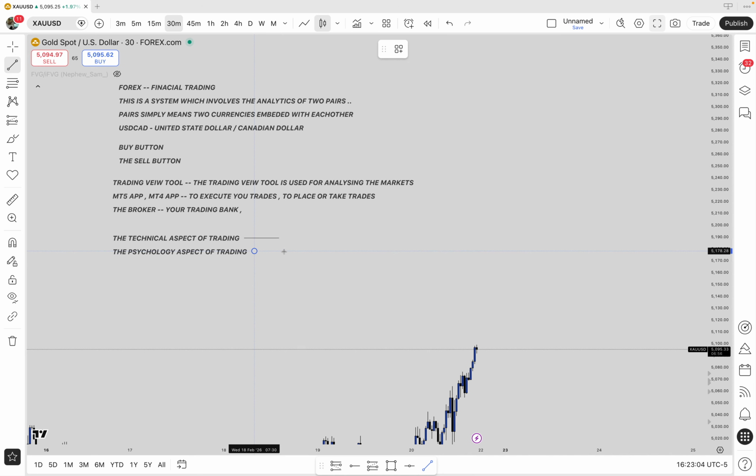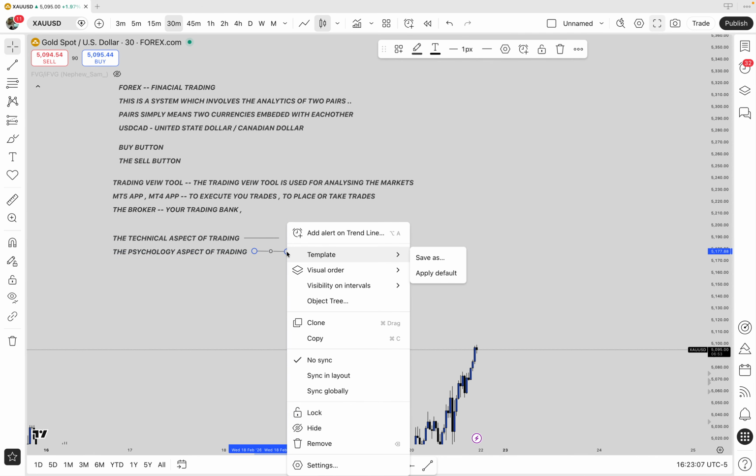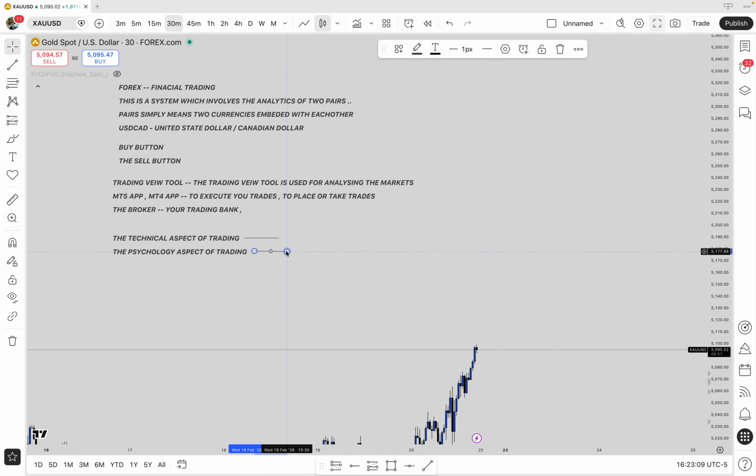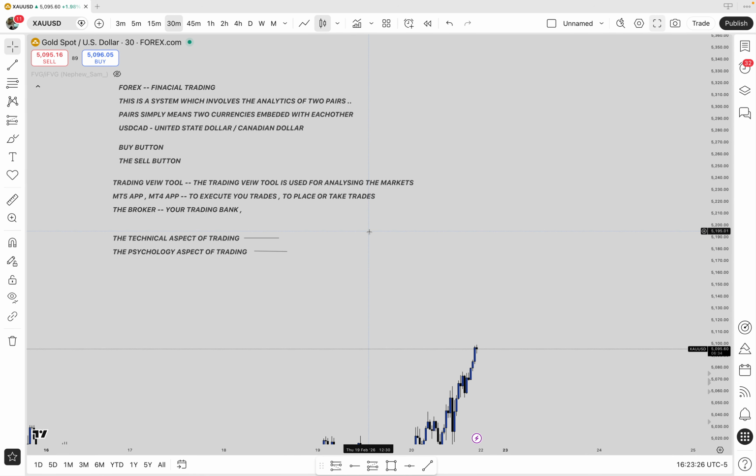Even though you take so many losses and wins after days and days, you have to be able to control your emotions and make right decisions. That is what trading is. I'm not going to lie to you guys, trading is hard, but at the end of the day it pays, because trading is one of the easiest ways to make stupid money. Trading is like a hack, a lazy money making method.